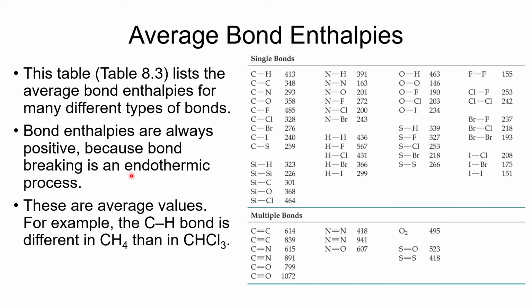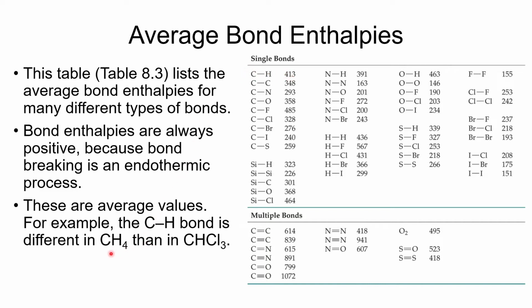These bonds are average values, and so not every carbon-hydrogen bond is identical. In fact, the strength of a carbon-hydrogen bond can range anywhere from about 350 up to over 500, depending on what other stuff is attached to the carbon.